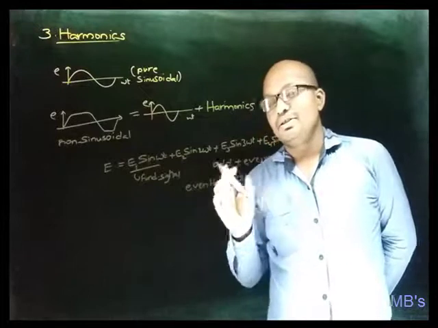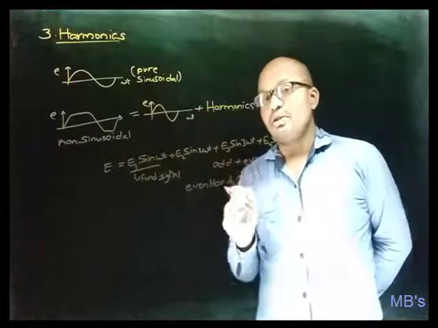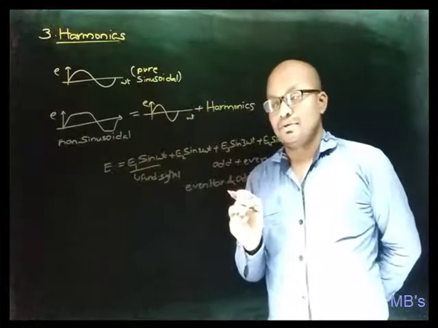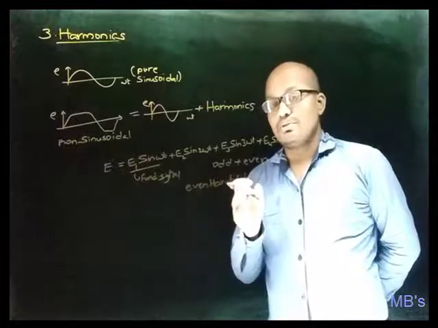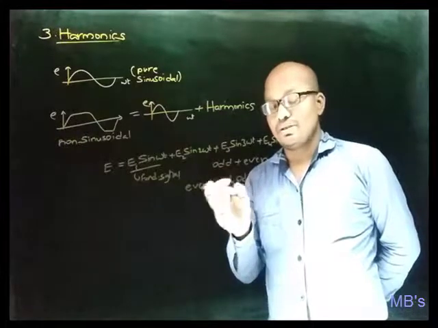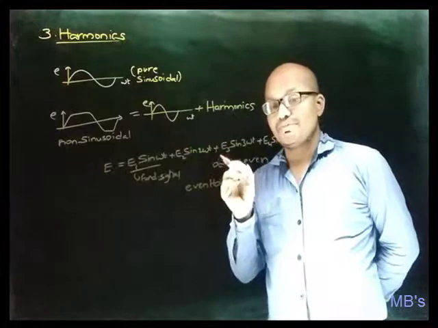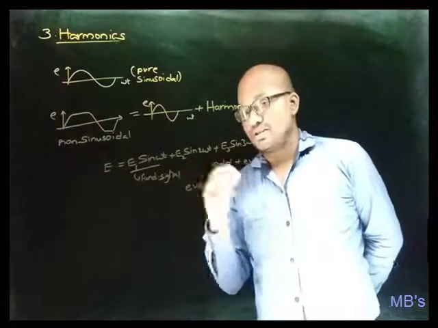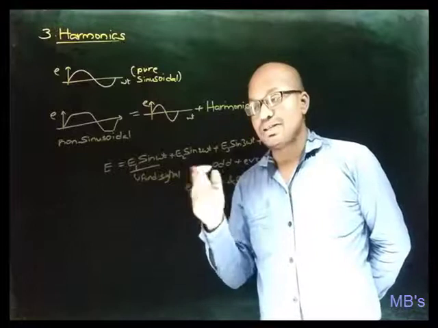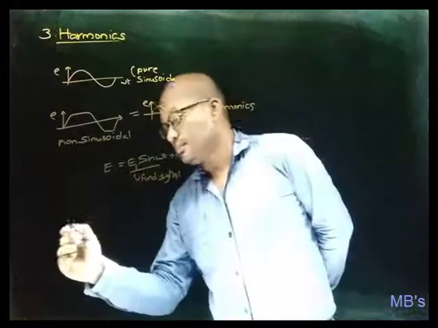In alternators, even harmonics are eliminated. How they are eliminated we can see now. As even harmonics are eliminated, our consideration must be to reduce odd harmonics. Now let's see how even harmonics are eliminated in alternators.